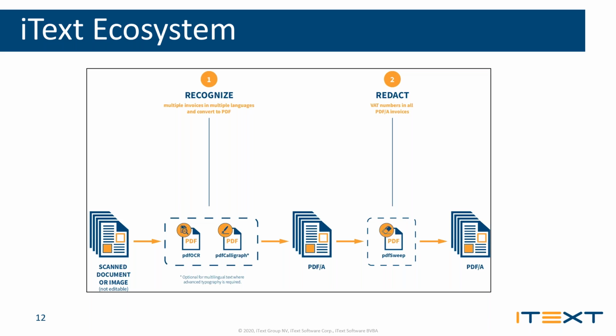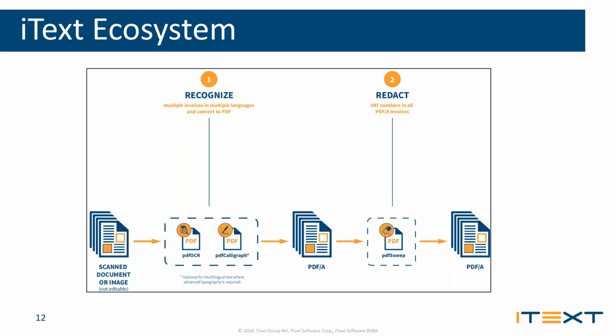And then, after this process, we were able to feed the resulting PDF into pdfSweep to redact some of the information present on it. So for instance, in this case, we were handling an invoice and we were redacting the dollar amounts, so the prices that were present on the invoice. And we used pattern matching to do this redaction.